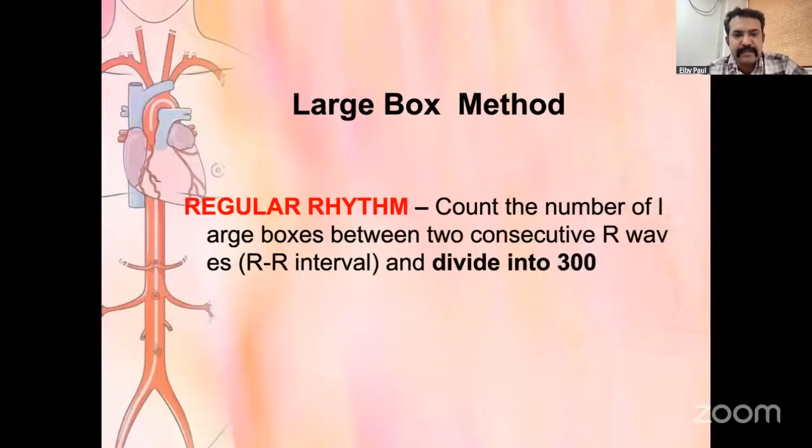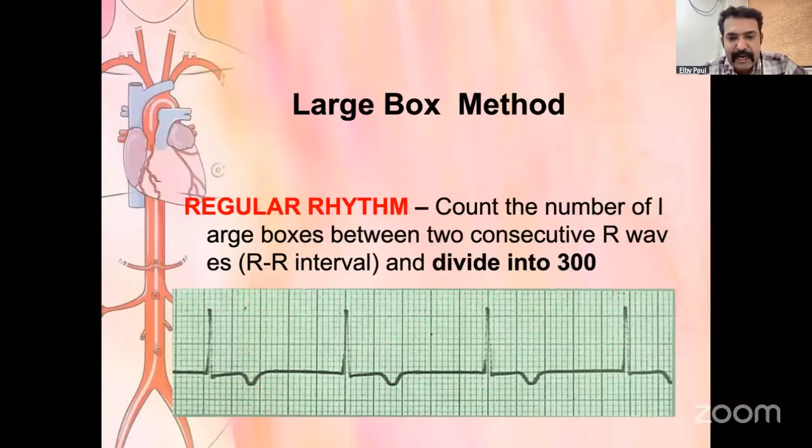We can calculate the heart rate from an ECG by counting the RR intervals. There are a total of 300 big squares in an ECG paper, and 1500 small squares. Let's see how we have to count the heart rate from an ECG paper. We can see the RR intervals.